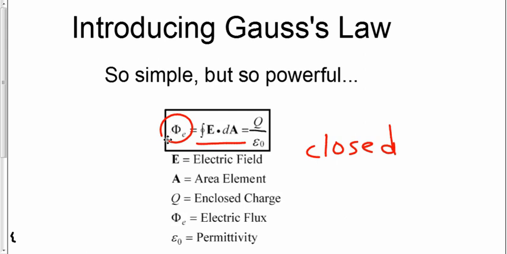And that's because this q that's in the numerator of this fraction over here means the charge that is enclosed within that surface. We refer to these surfaces as Gaussian surfaces. So every time you do something with Gauss's law, you always refer to, and I usually recommend you draw, what's known as a Gaussian surface.